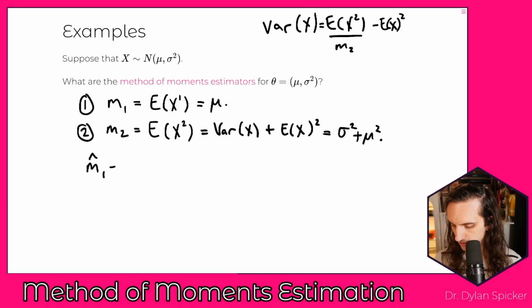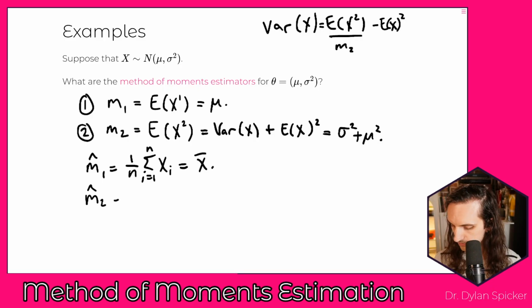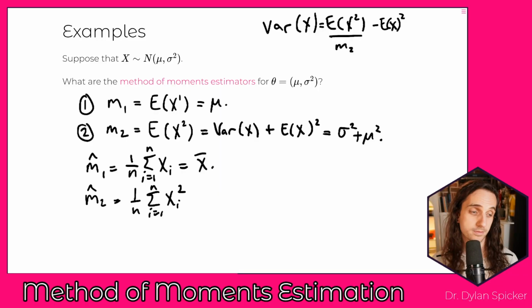Okay, and now we need our sample moments as well. So m hat 1 is going to be 1 over n, the sum from i equals 1 to n of xi, which we could just write as our sample mean, x bar. And m hat 2 is going to be 1 over n, the sum from i equals 1 to n of xi squared. Okay, and so now we have all of the components here.